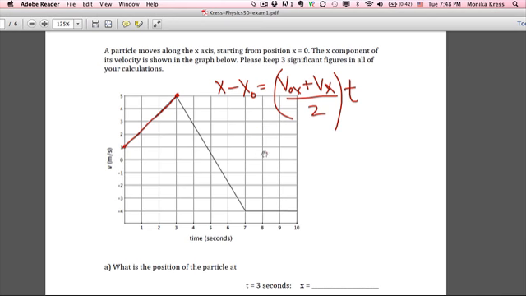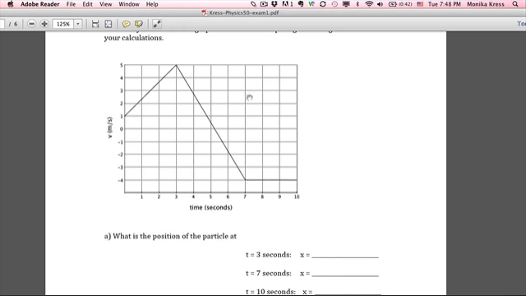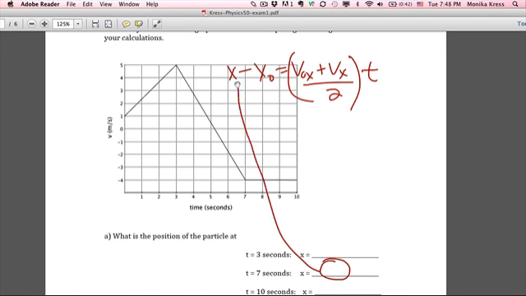Now for the second question, t is equal to 7 seconds, what you would do is use the same exact equation, x minus x naught equals (v naught x plus v_x)/2 times t, except here, what you do is this is whatever your answer was here.